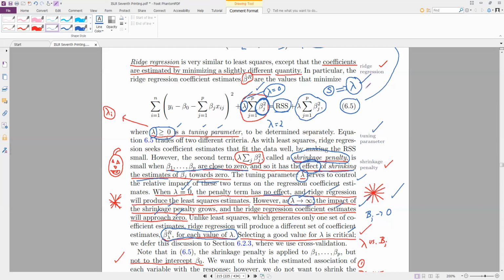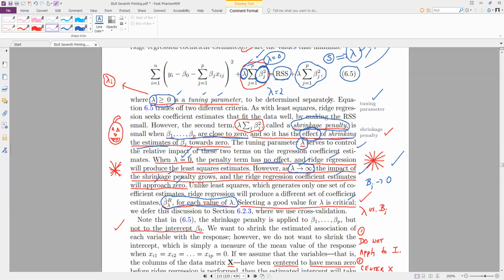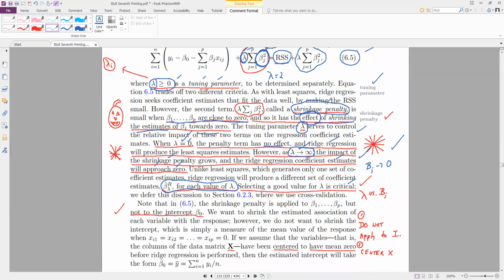Now, eventually, as lambda gets larger, we're going to see that they go to 0, but we're going to see in the plots that they can go to 0 at different times. Okay, so that's a key point there. And we'll look a little bit more at what S is pretty soon in terms of the minimization criteria. So there's a lot on this page that they're kind of throwing at you right away that we need to unpack a little bit more.